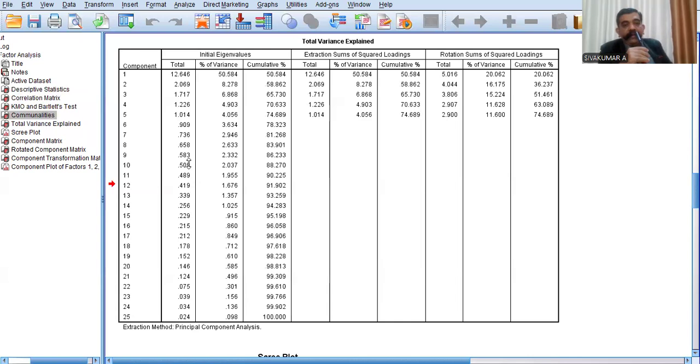In component 5, see the last column value related with component 5. I think that is 74.689. Please type it as a percentage. That is the total variance explained as per exploratory factor analysis.